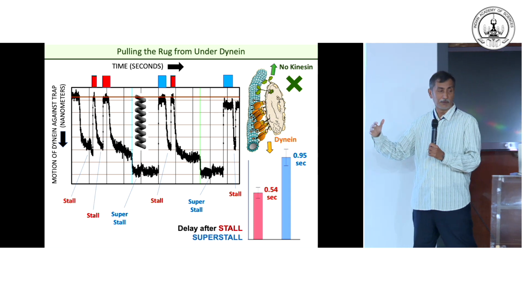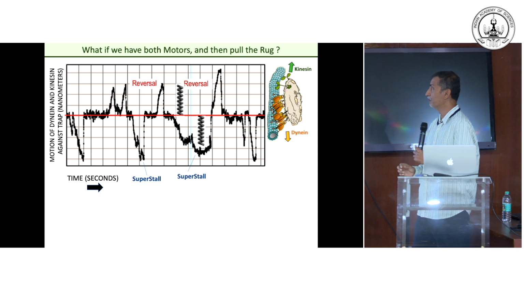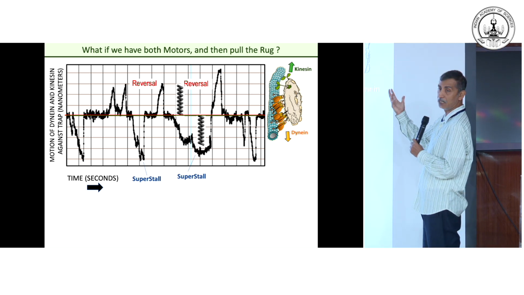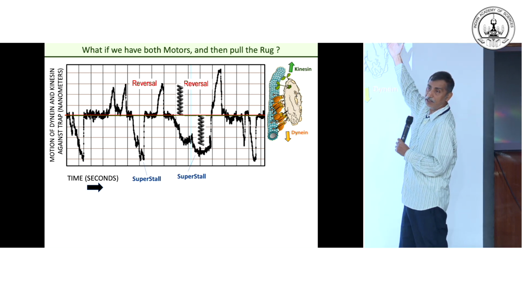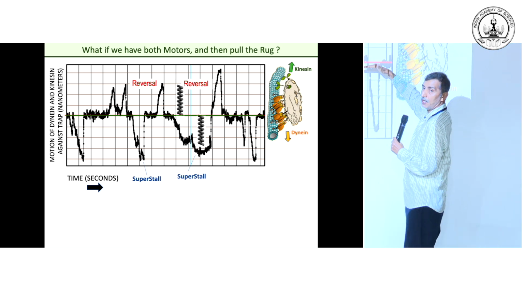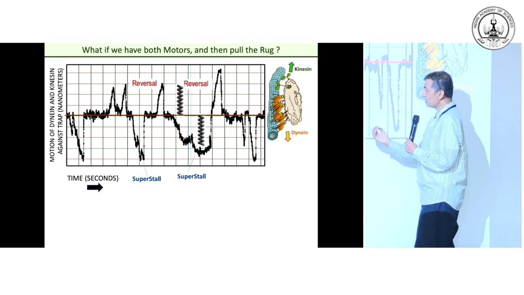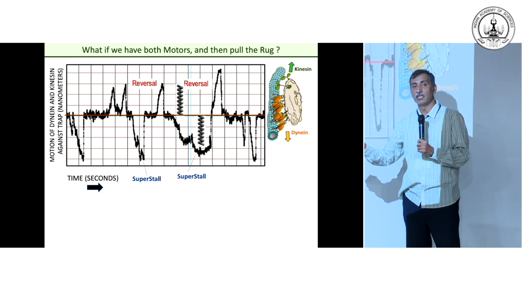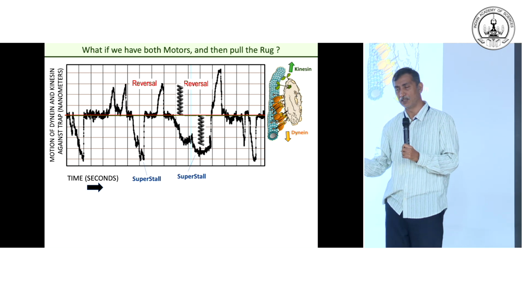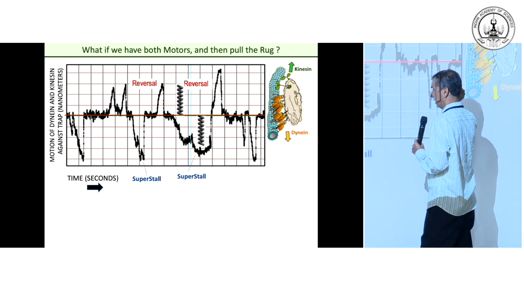Again, I don't want to spend too much time on this because I lost some time, but you can now do this kind of experiment where both motors are active. Here you see this is the center of the optical tweezer. Now kinesin can pull you this way or dynein can pull you this way, and these measurements are done at several kilohertz sampling frequency with few nanometers precision, 4 or 5 nanometers, so you don't miss too many events.